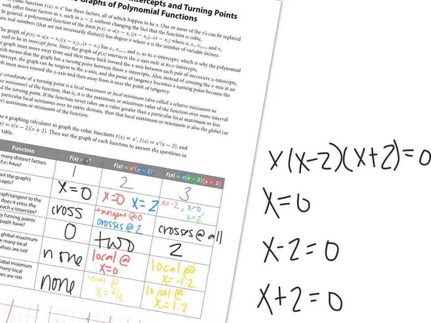If you were to solve x minus 2 equals 0, what would you get? x equals 2. And if you were to solve x plus 2 equals 0, what would you get? That's where your 3 x-intercepts come from. It's from each of those factors. x gives you 0, x minus 2 gives you positive 2, and x plus 2 gives you negative 2.